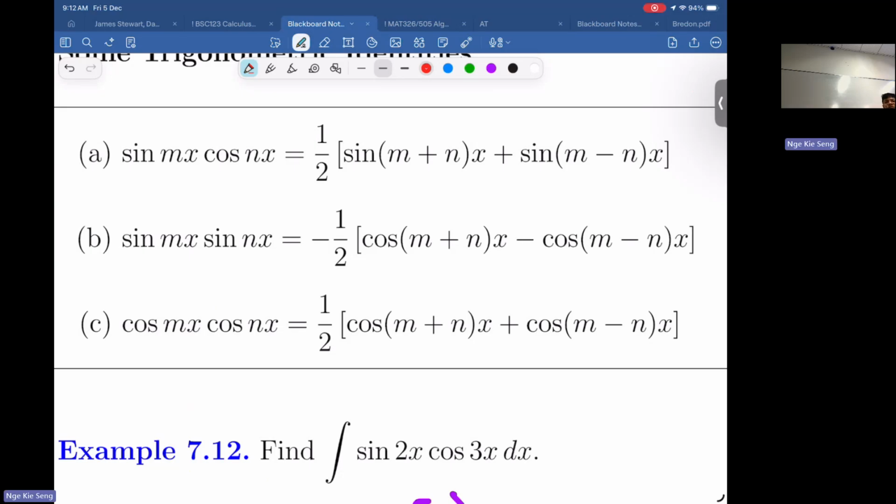Choose one from the three answers. Yuhen, can you choose A, B, or C? B. Okay, so you can choose B.